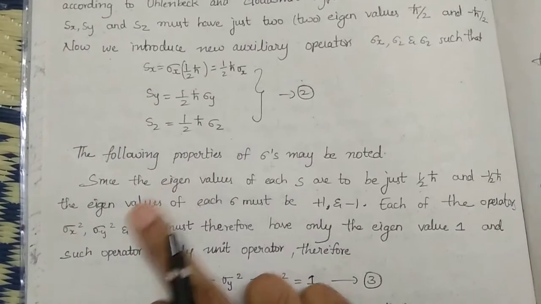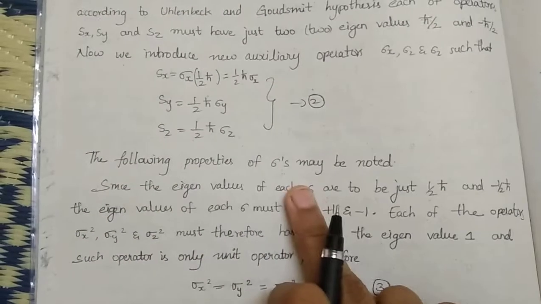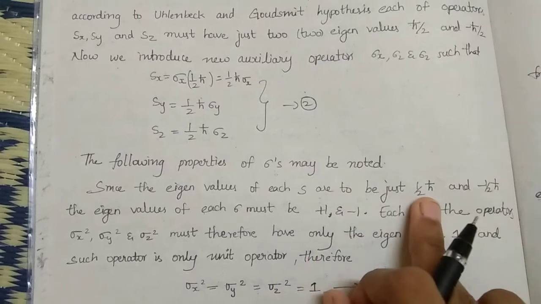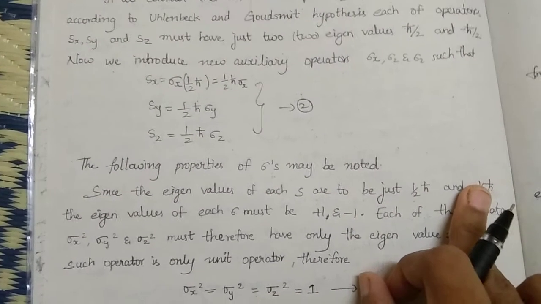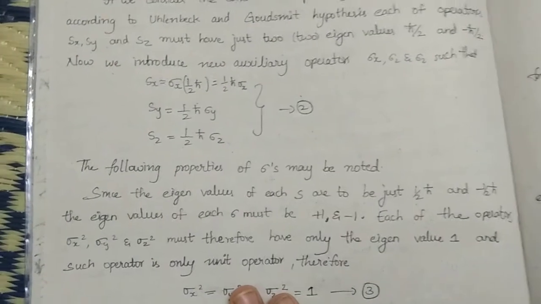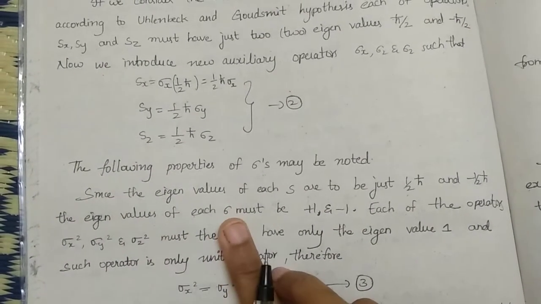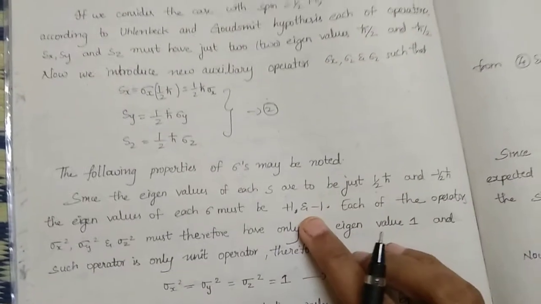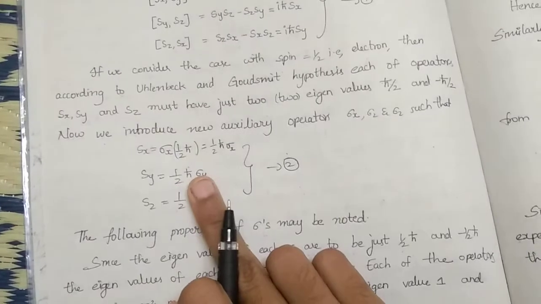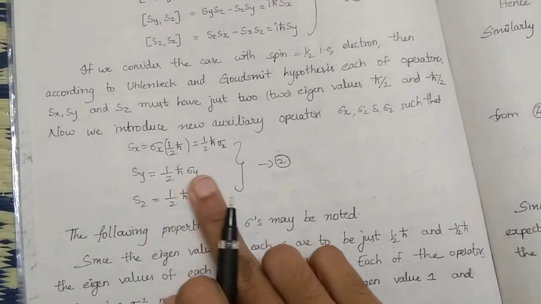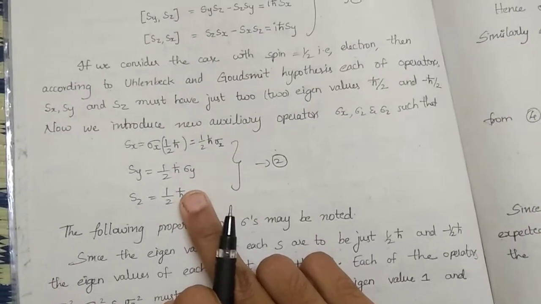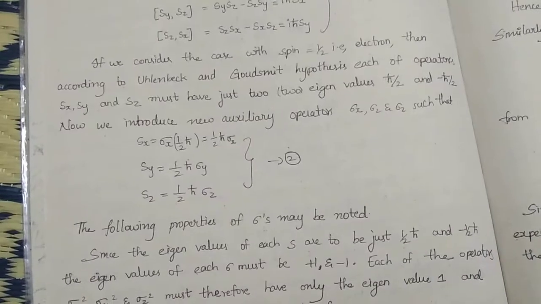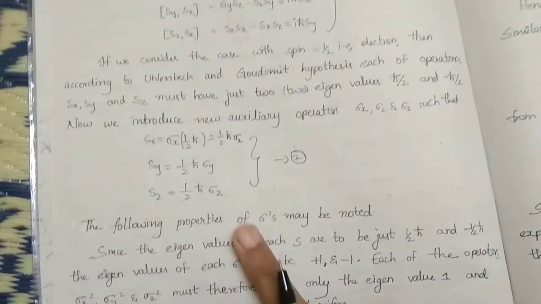Since the eigenvalues of each S are to be plus half h cut and minus half h cut, the eigenvalues of each sigma must be plus 1 and minus 1. Half h cut into 1 gives plus half h cut, and half h cut into minus 1 gives minus half h cut.